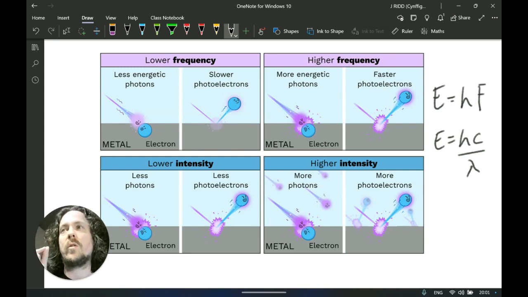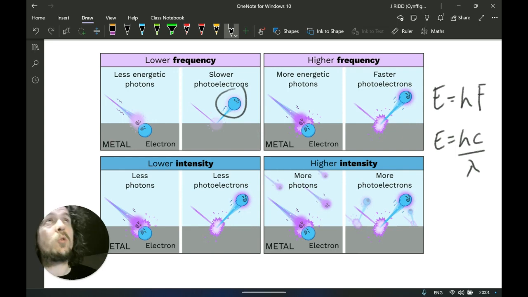However, if a photon only provides just enough energy for that electron to escape, and that's the equivalent of us just about kicking the ball hard enough to get to the top of the slope, then the amount of energy that the photoelectron leaves with, and that's what we call them, photoelectrons, will be very low. So we'd say it has a low amount of kinetic energy leaving the surface.